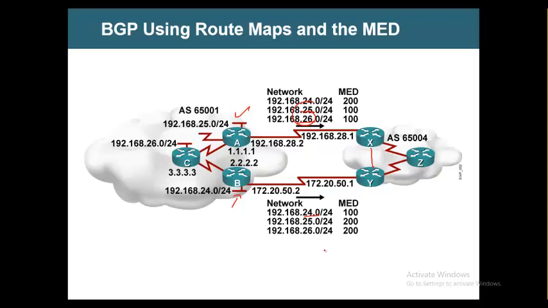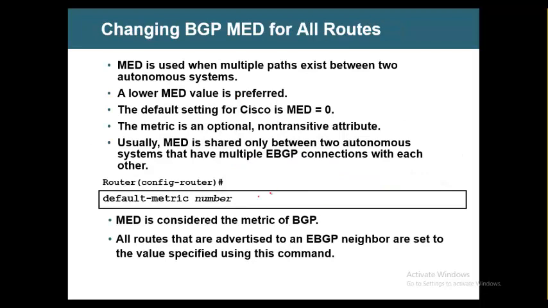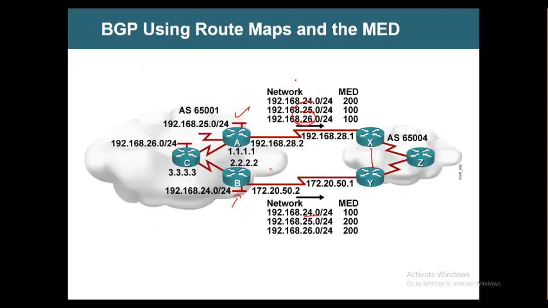Even though this is advertised between eBGP, that will reflect one hop inside. So X will know that Y is the best one for 24 and Y will know that X is the best for 25 and 26. You understood this point? Those things were not explained in the pages before, not in this picture, but only when you do the practical will you see that.